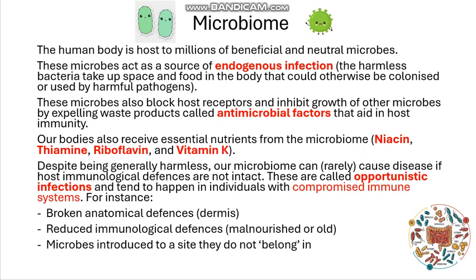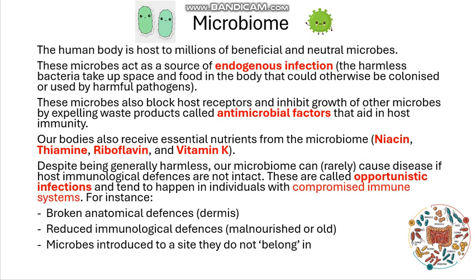So, for example, if we have something wrong with us or we have a compromised immune system, the microbes in our microbiome that are usually beneficial and neutral can become pathogenic. And when this happens, we call the infection an opportunistic infection. And like I said, they tend to happen in individuals with compromised immune systems.